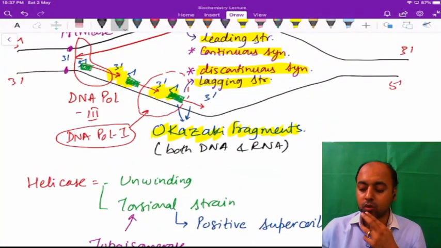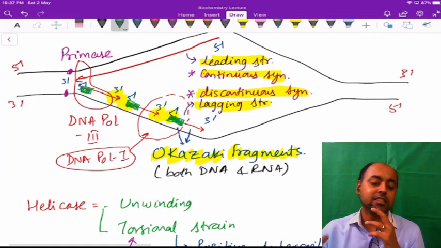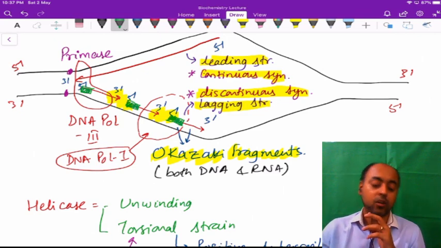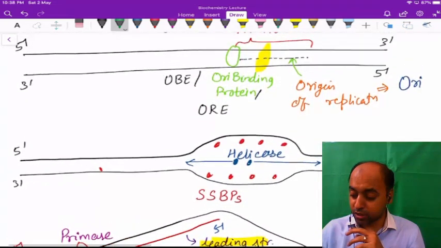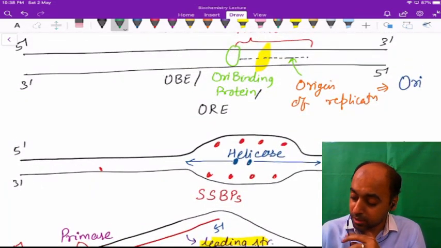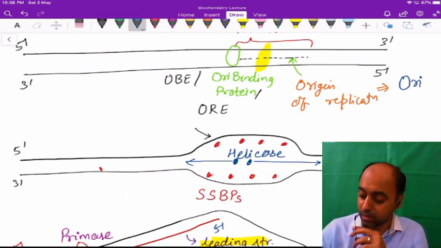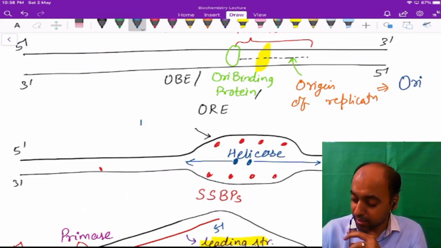Okay, so we said the separation of the two strands occurs, then the primer is synthesized, then it is extended by the DNA polymerase. Now, two very important things. First, coming to the previous original structure. If you look at this structure, which has appeared due to separation of the two strands, this is looking like a bubble.